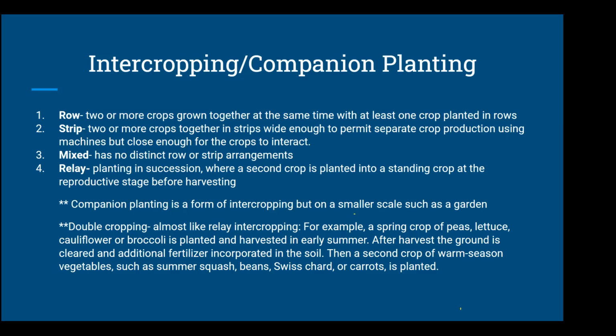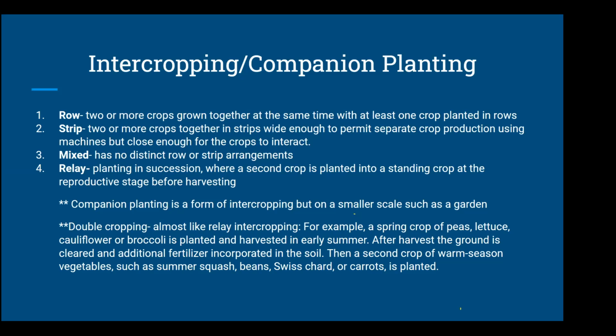And then companion planting is a form of intercropping, but it's usually done on a smaller scale, like a garden. So you can grow certain crops together that complement each other. I have an example on the next slide, so we can talk a little more about that.